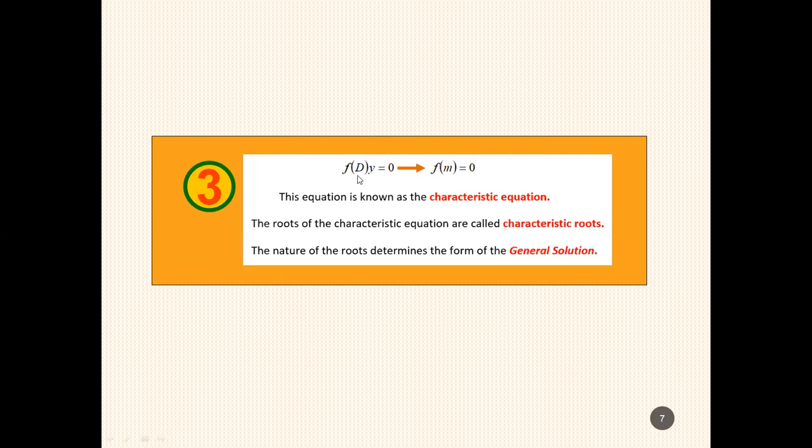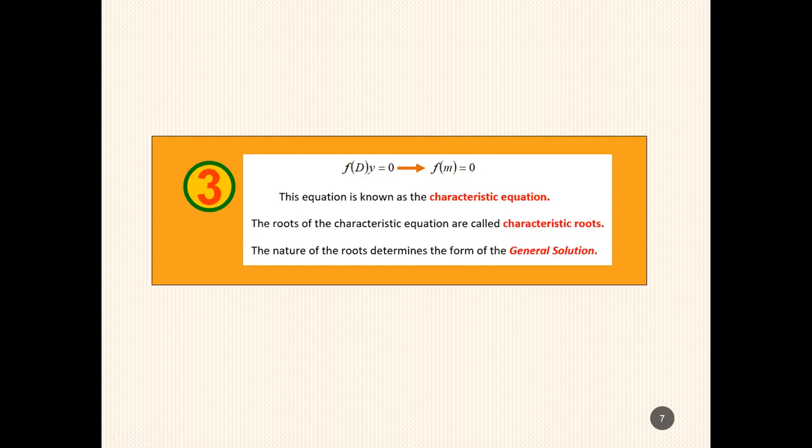You simply change the d to small letter m and get rid of the y. Now, the purpose is for you to get the roots of this function of m. The roots of the characteristic equation are called your characteristic roots. The nature of the roots determines the form of the general solution.